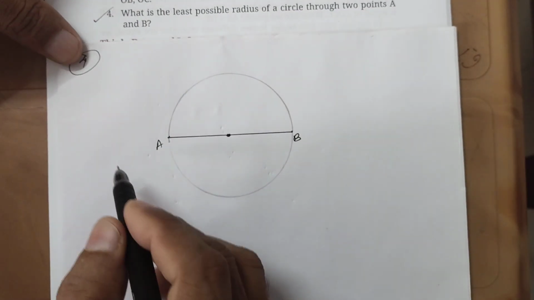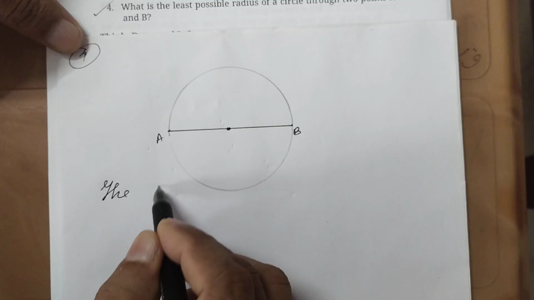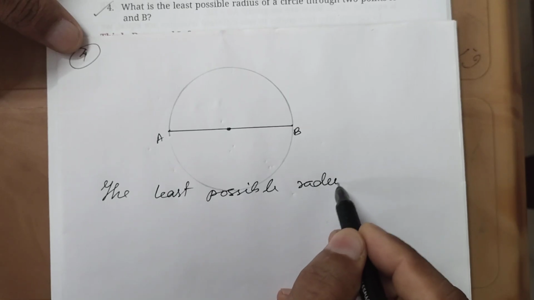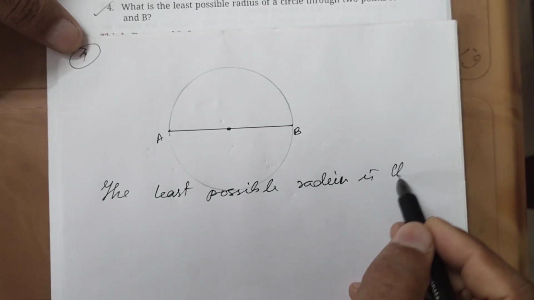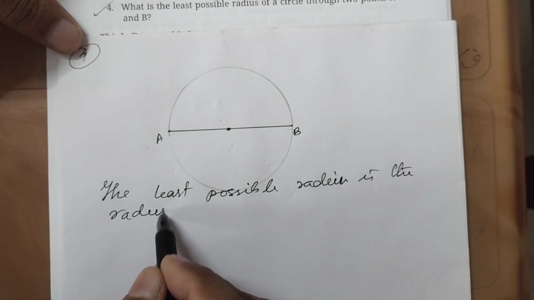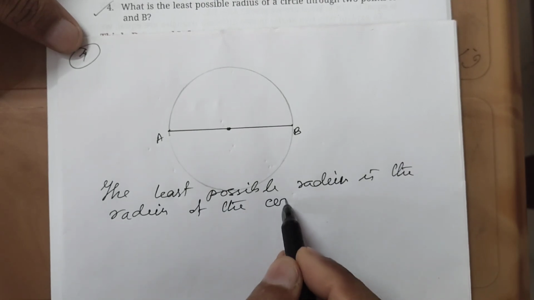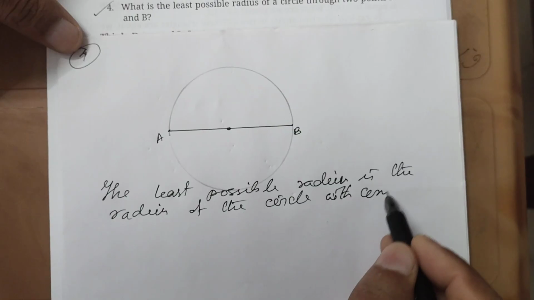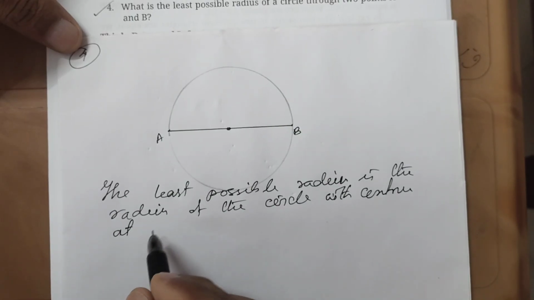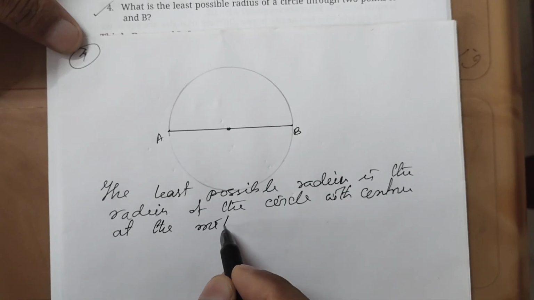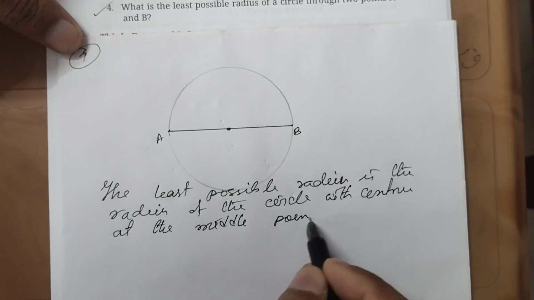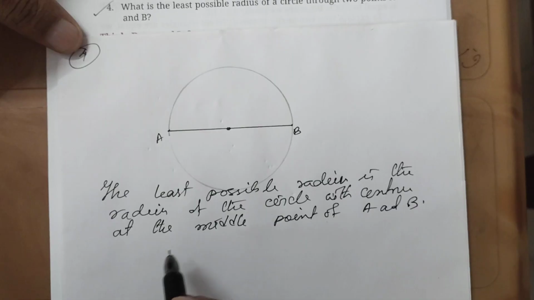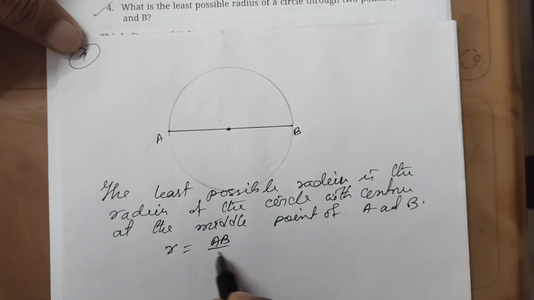You will write the answer like this: the least possible radius is the radius of the circle with center at the middle point of A and B. That means the radius will be equal to AB divided by 2.